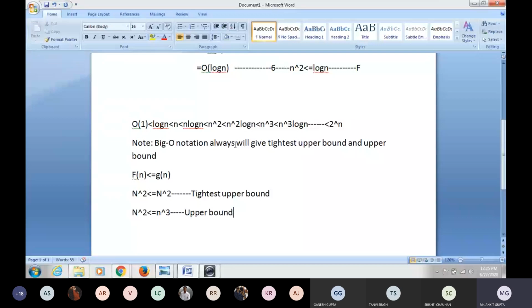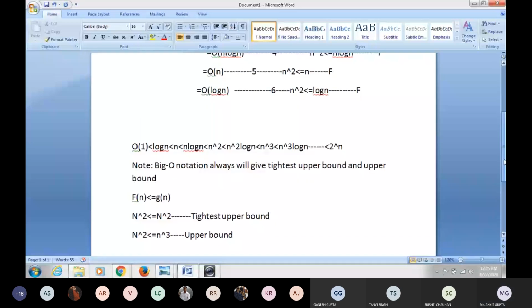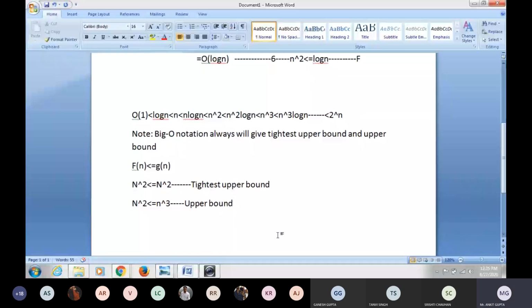If it is equal, n square equals n square, so it will give the highest upper bound. If not equal, n square is always less than n cube, so it will give the upper bound. Need to get this?